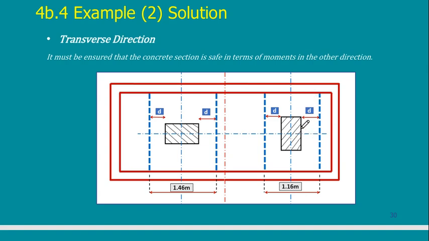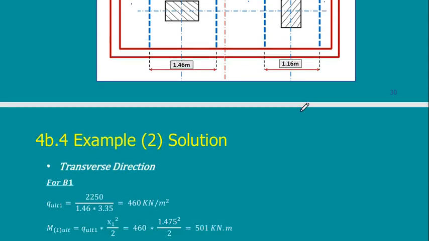So actually when you come to the plan, you will find that you have three categories of reinforcement. One here, this is minimum, this is also minimum, this is also minimum. Here, this is maximum because it is the transverse direction of the bigger load, and here it is something intermediate because it is the transverse direction of the lower load, and so on.